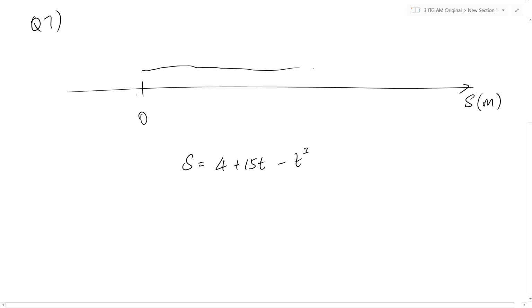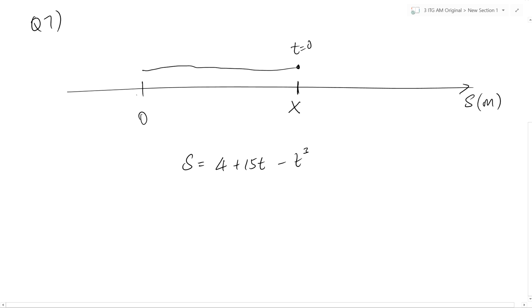The timer has not started yet. What this question is telling us is that t is the time in seconds after passing a point X. Suppose he was over here; this is the point X. As he is passing through it, we start our timer, so t equals 0 lies over here.